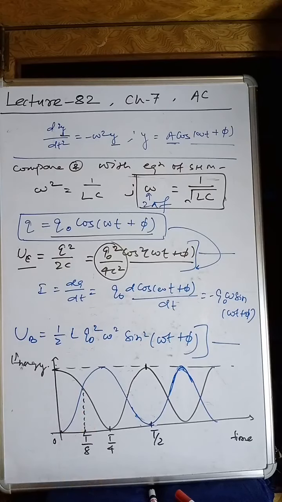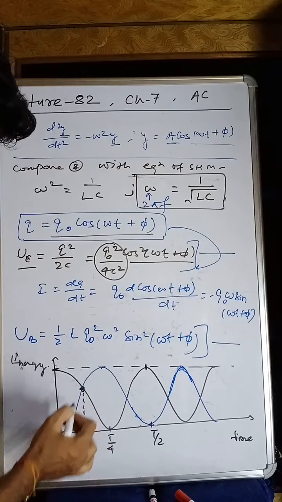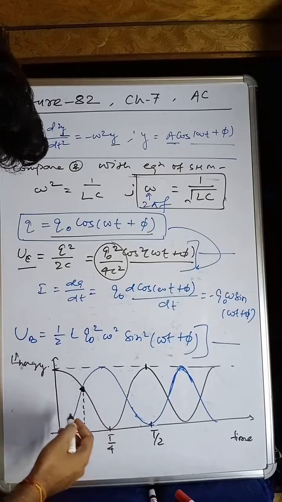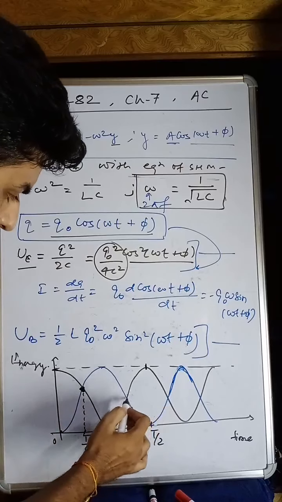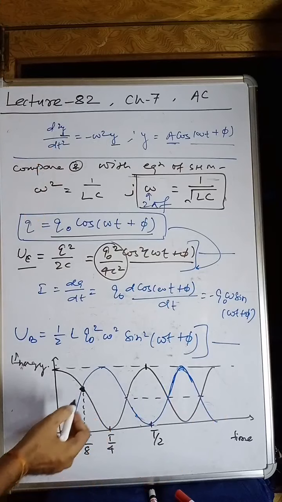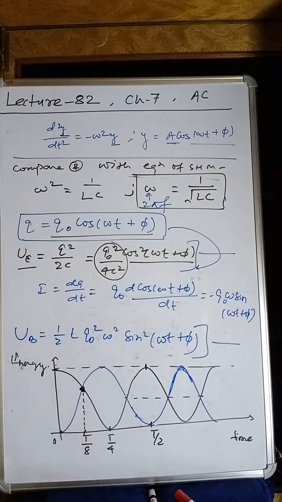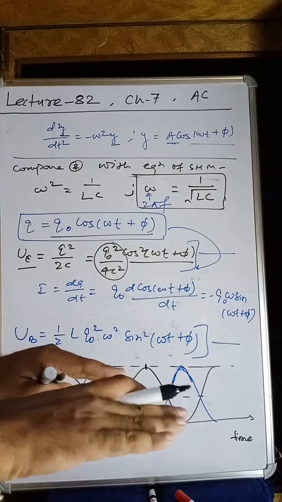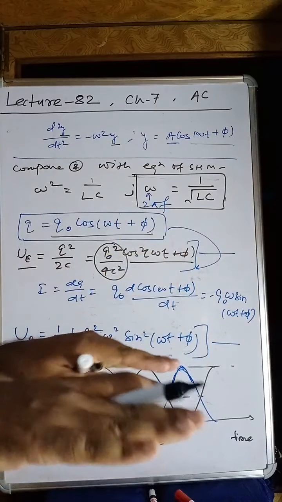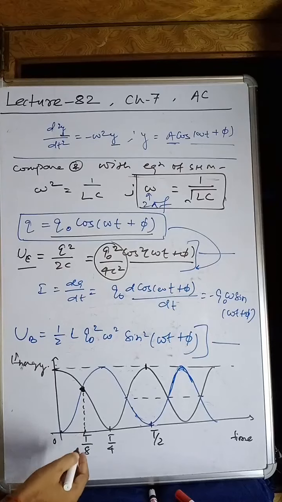Now you can see, my dear students, both graphs meet here. Actually, the graph is not very specific. If you draw a straight line, all will meet at the same point. So at this point both energies are equal. Try to remember the graph.